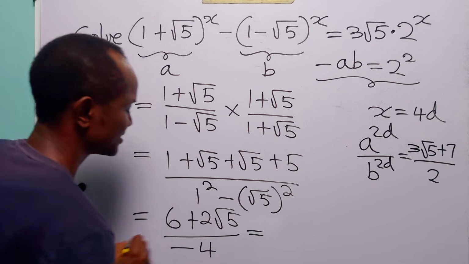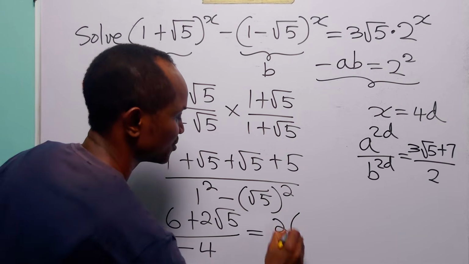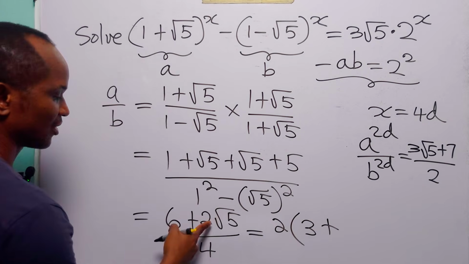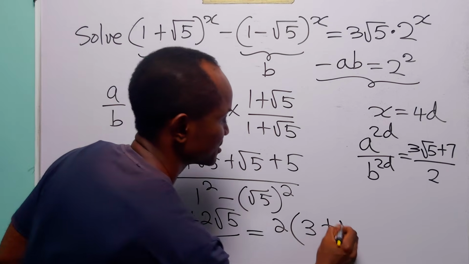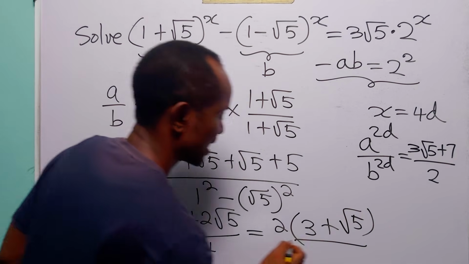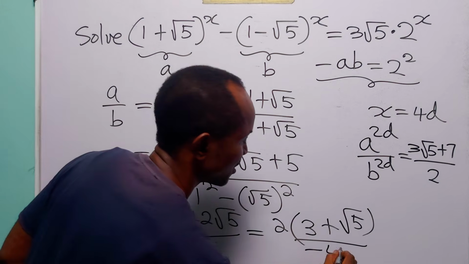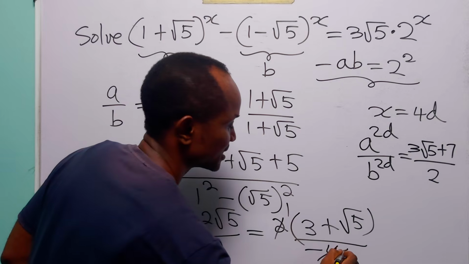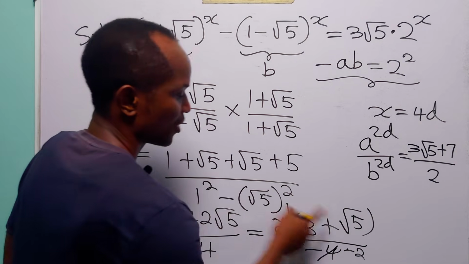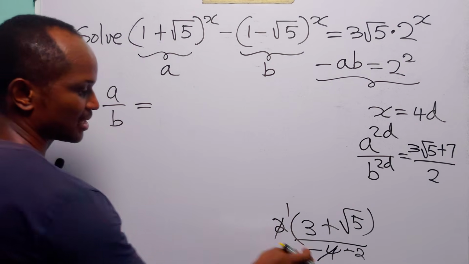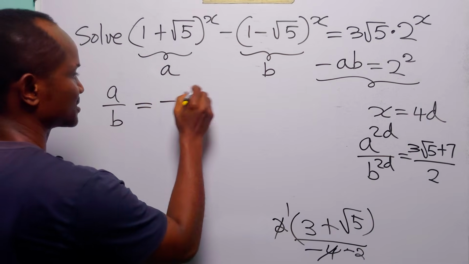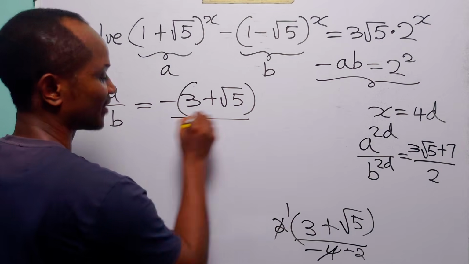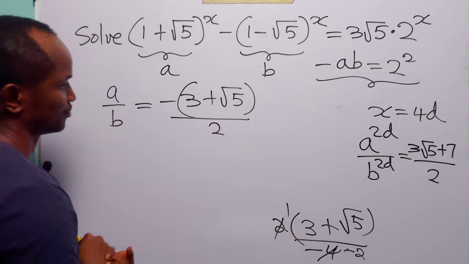Now we can factorize this. When we do that, we have 2 into 6 divided by 2 is 3. 2 root 5 divided by 2 is root 5. And of course, in the denominator, we still have minus 4. 2 into itself is 1, into minus 4 is minus 2. So we have a over b as minus 3 plus root 5 divided by 2.